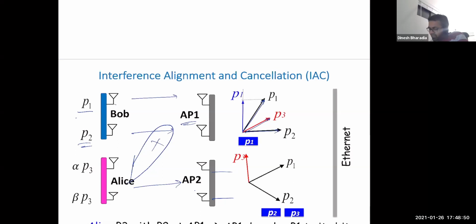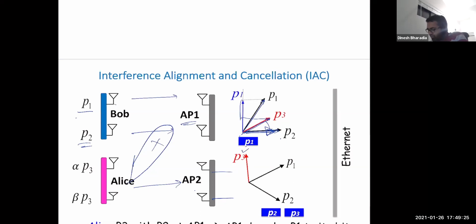Now, to decode P1, what you do first is pick a signal which is strongest, P1 or P2, and project them in the plane orthogonal to P3 and P2. In this case, there is also some contribution from P3, so you need to rotate P3 to P2's direction. Once you rotate P3 to P2's direction, then you can decode P1 first.